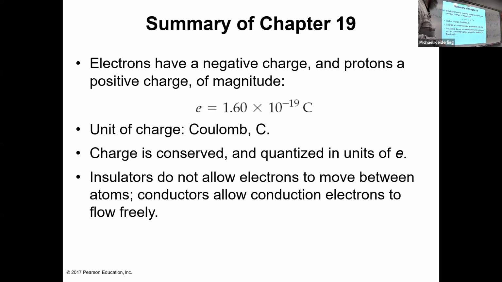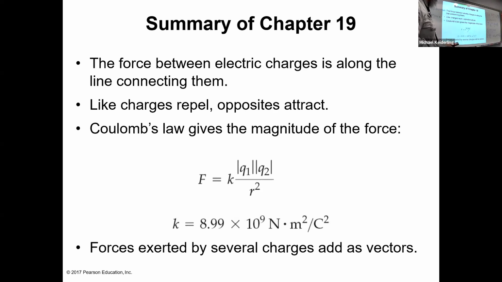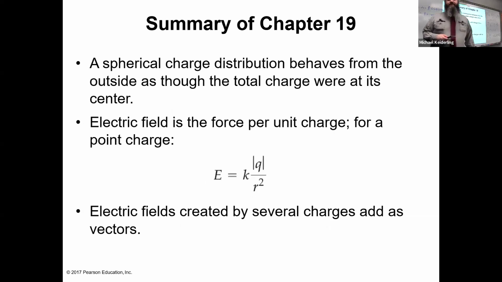Conductors allow conduction electrons to flow freely. The force between electric charges is along the line connecting them. Like charges repel, opposites attract. Coulomb's law gives the magnitude of the force: k times Q1 times Q2 over the radius squared, where k is this constant. The forces exerted by several charges will add as vectors.